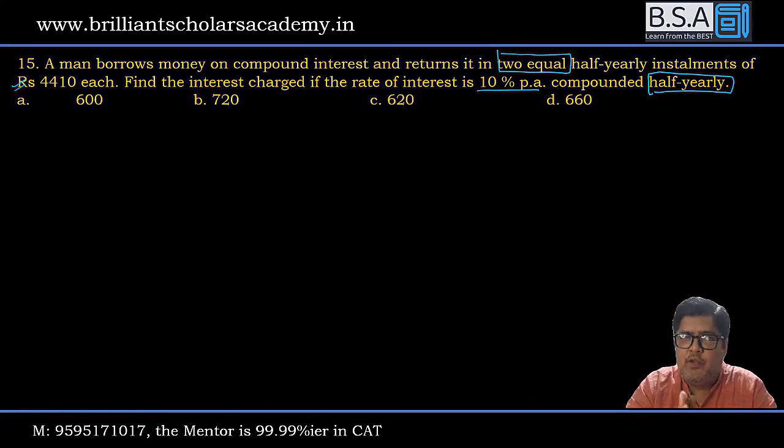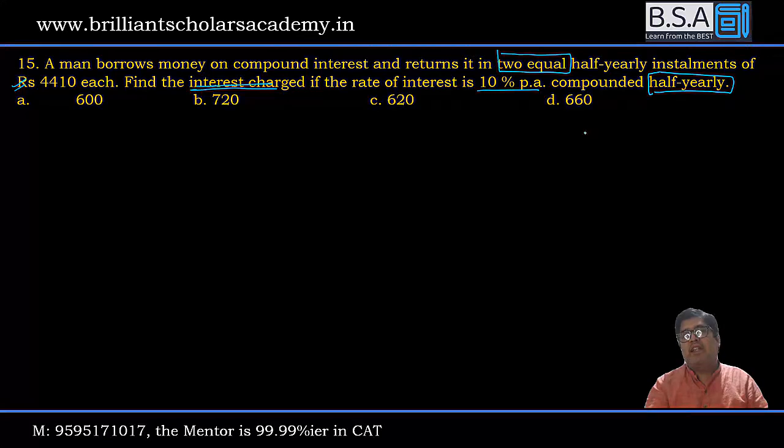A man borrows money on compound interest, returns it in two equal half-yearly installments of rupees 4410 each. If the interest is charged 10% per annum, compounded half-yearly, find the interest charged. We do not know what is the loan value that he has taken.